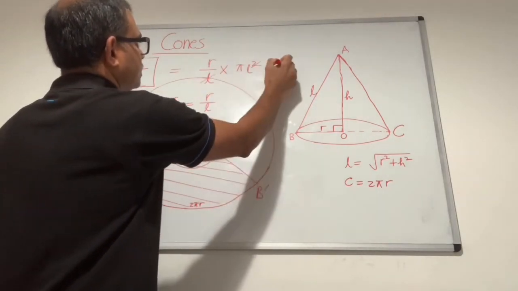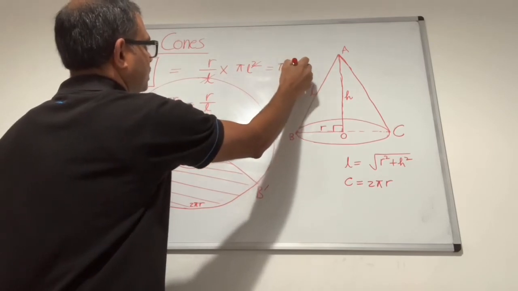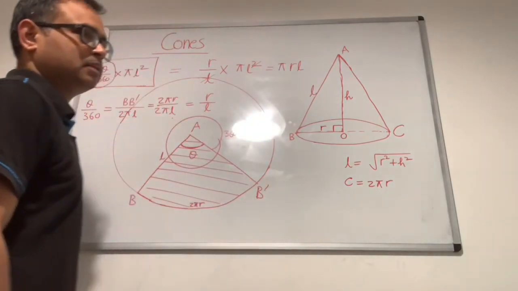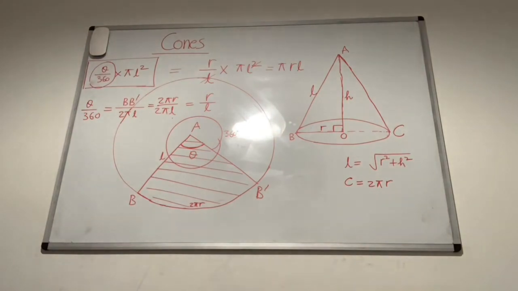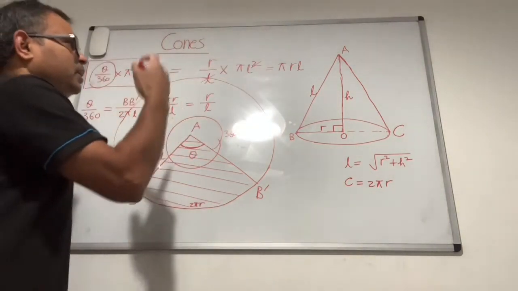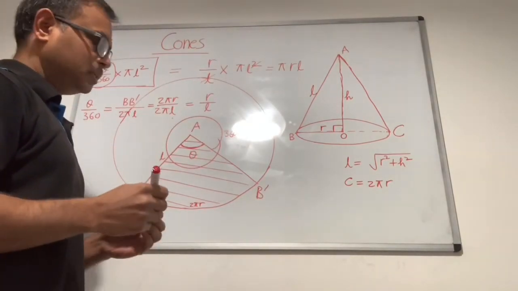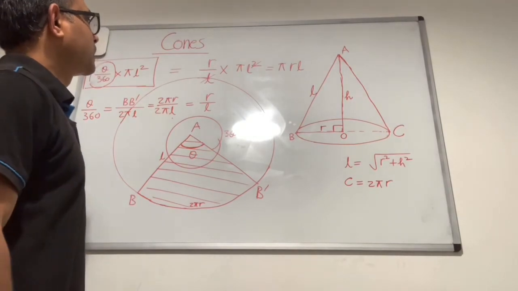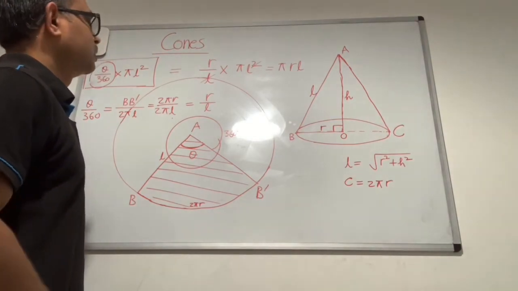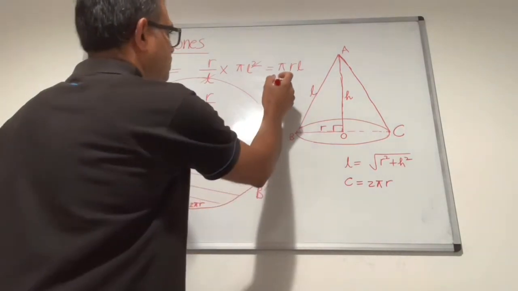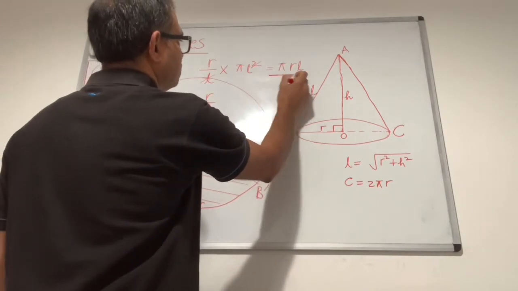Is it R pi L? Yes, pi R L. That became the surface area of the cone's conical face. So we just replaced theta over 360 by R by L. Now you know the surface area of the conical face is pi R L.